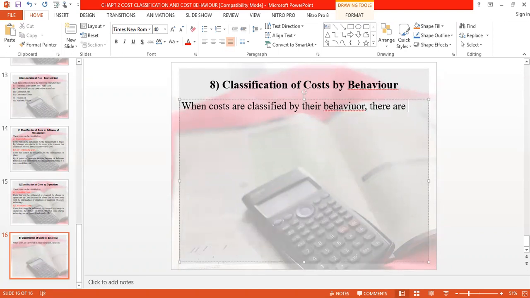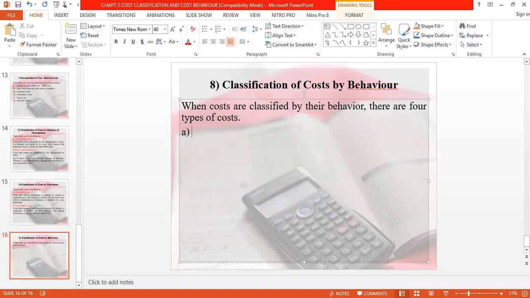When costs are classified by their behavior, there are 4 types of costs.